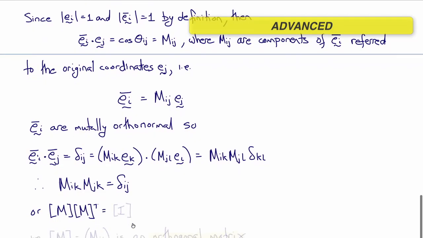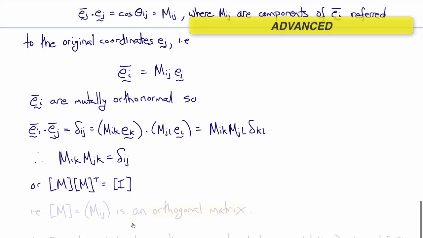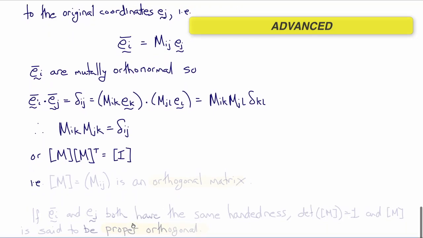Or, in matrix notation, M times M transpose equals I. In other words, M, which is the matrix of components M_ij, the angle cosines, is an orthogonal matrix. It's a rotation, just as we originally posited.